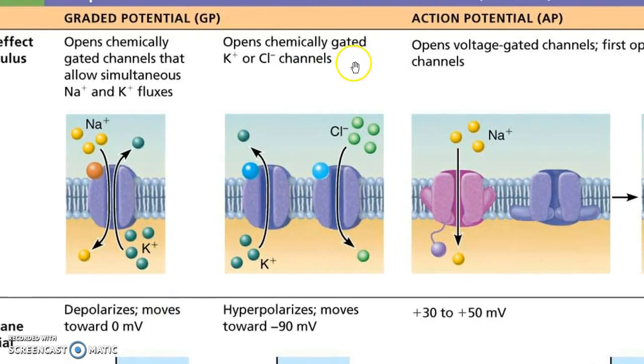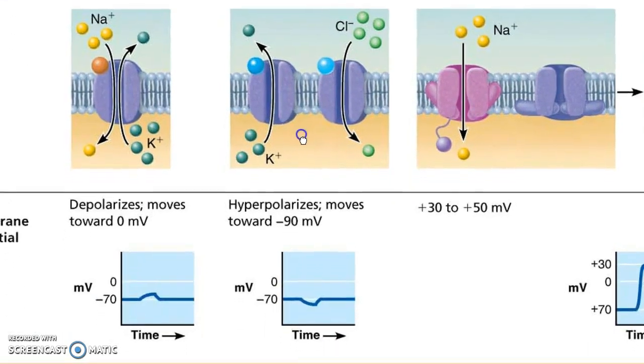Inhibitory will open either potassium gates or chloride gates. In this case, you are creating the inner membrane to become more negative, in other words, hyperpolarize, and you get a negative deflection. You become more negative.